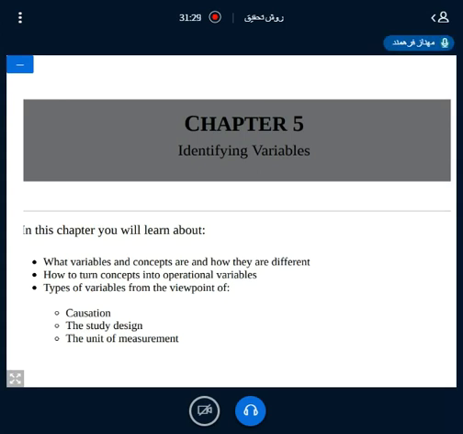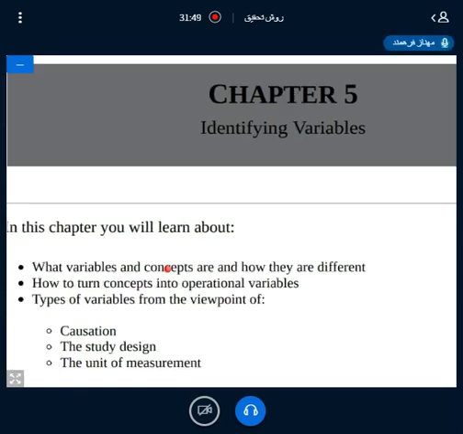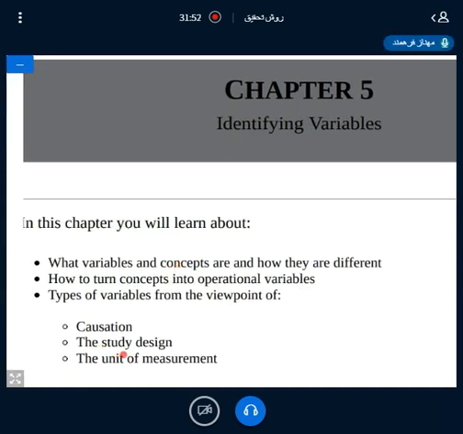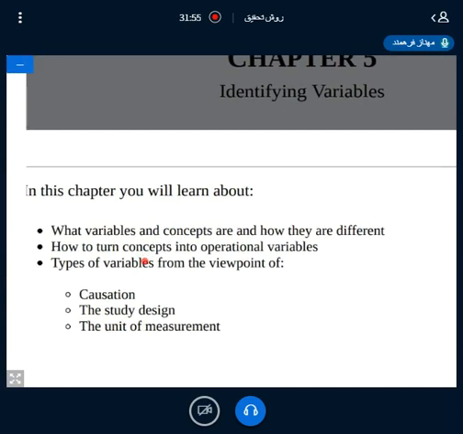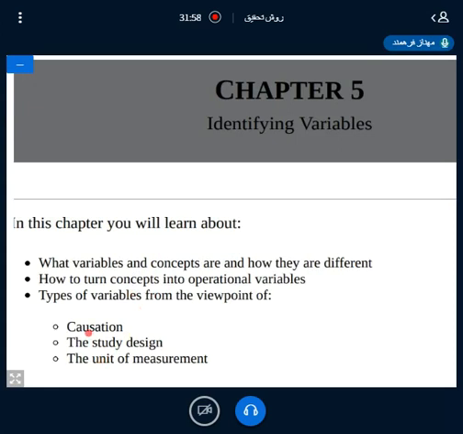In this chapter, you will learn what variables and concepts are and how they are different, how to turn concepts into operational variables, and to study types of variables from the viewpoint of causation, the study design, the unit of measurement.